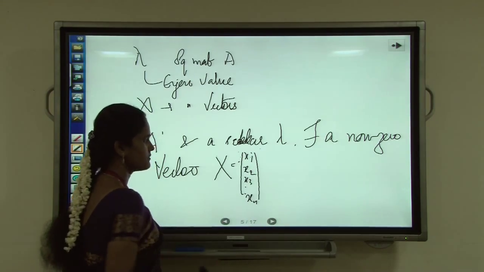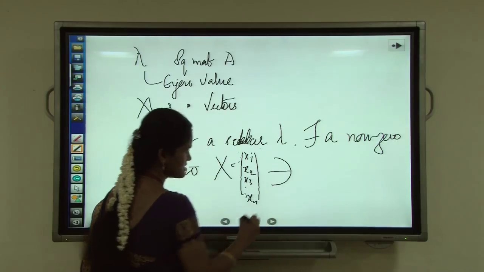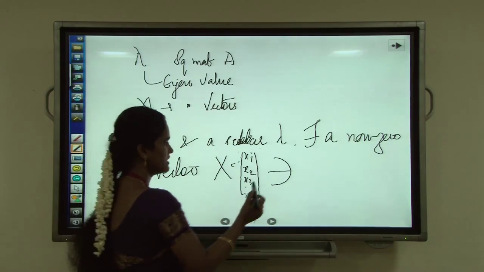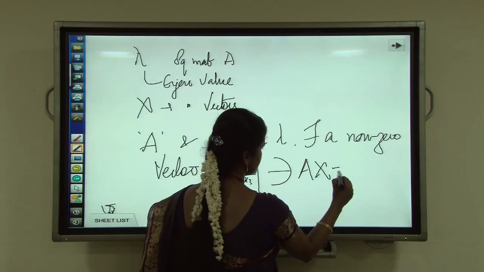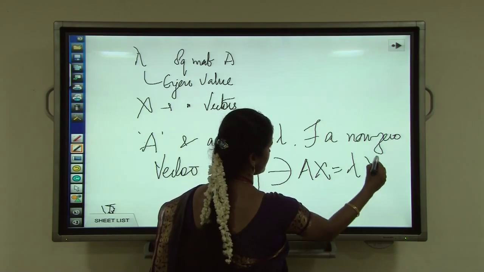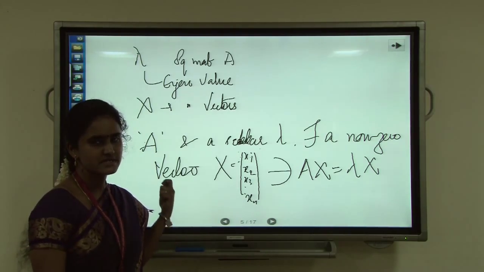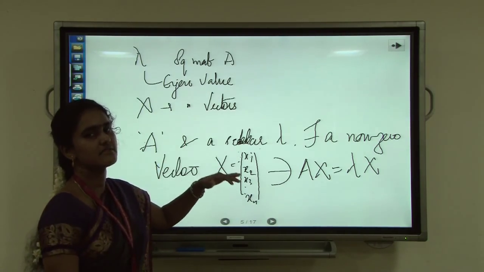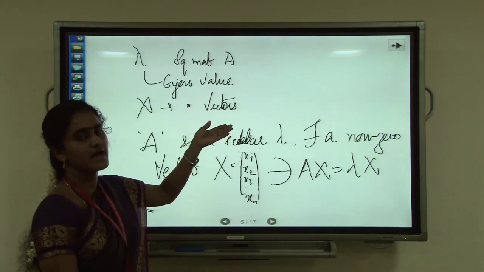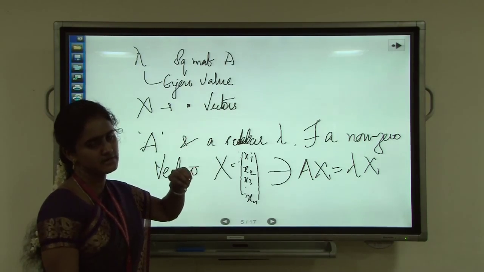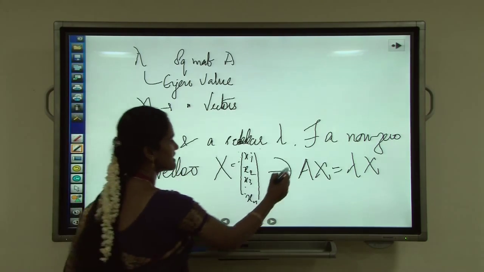The association between them can be given as AX is equal to lambda X. So any scalar associated with A we call an eigenvalue, and the vector associated with that matrix and value we call an eigenvector.